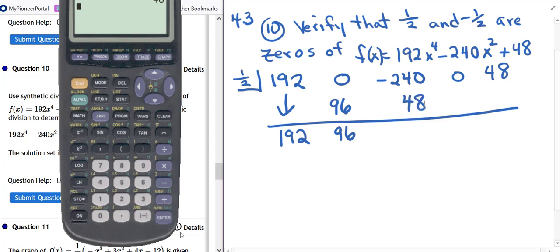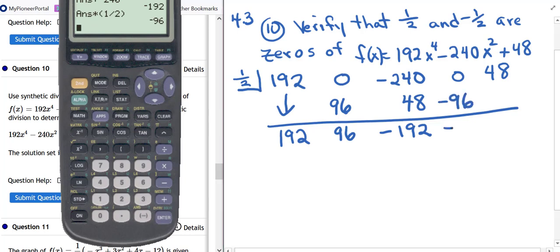And so we have 48 plus -240, which is -192, times 1/2, is -96.